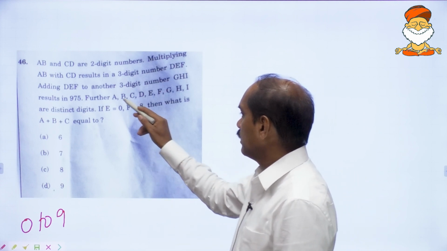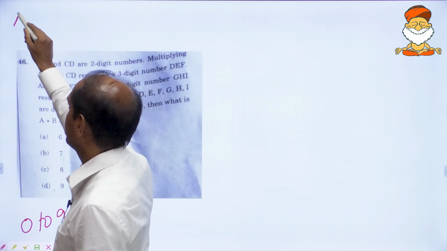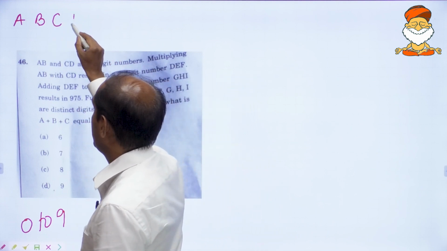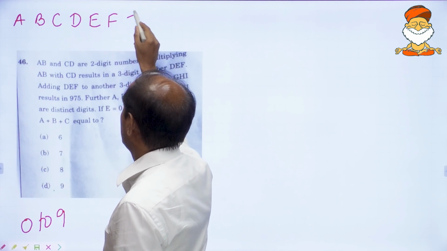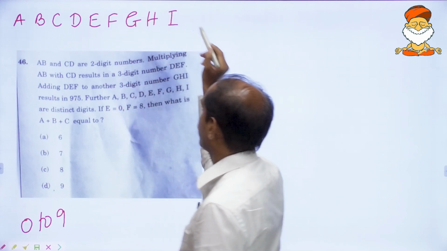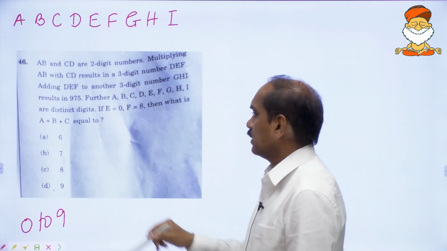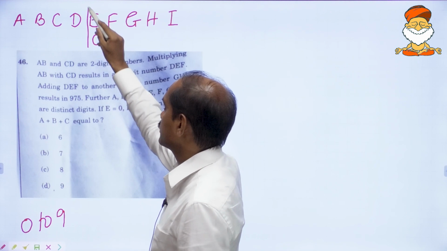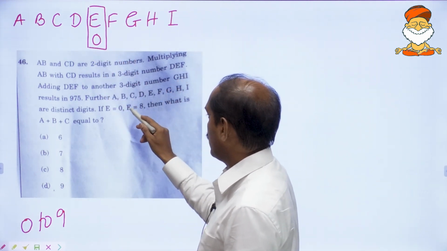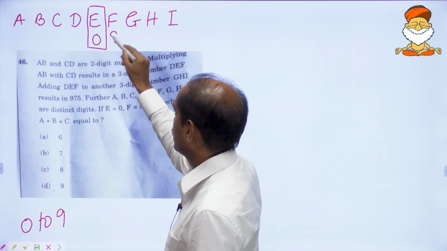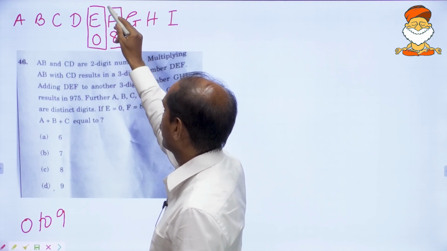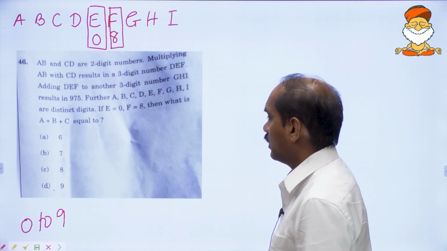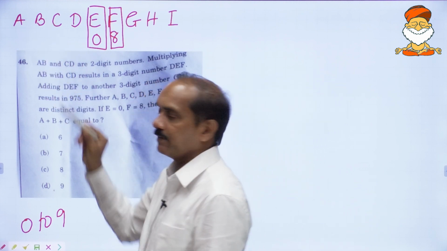That is one thing. We have got all these A, B, C, D till I. A, B, C, D, E, F, G, H, I. Till I we have got our distinct digit, and E is already given. Wherever we come across E, just write 0, and wherever you come across F, just write 8. E and F are already given, and the question mark is on this part, ABC.